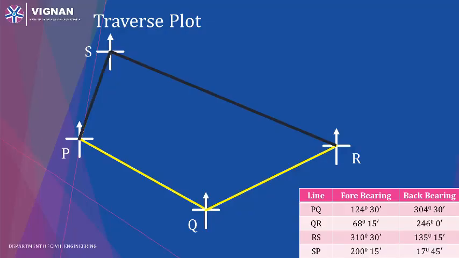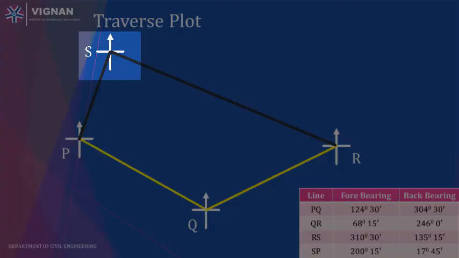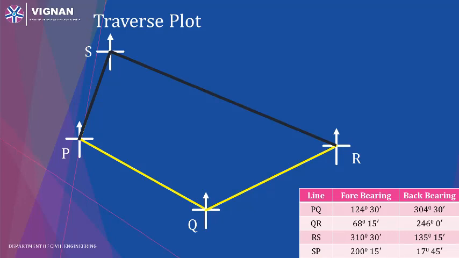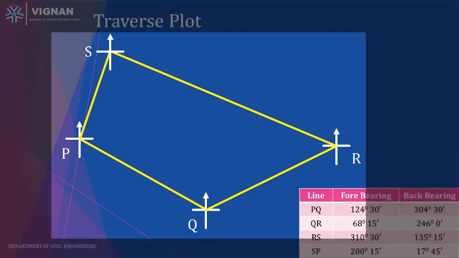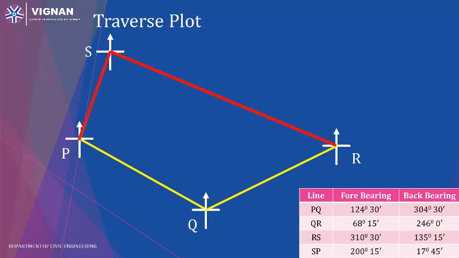With these two lines, you can mark point S. It is always to be remembered that the closed traverse should always be closed by drawing the two lines from the adjacent survey station points.